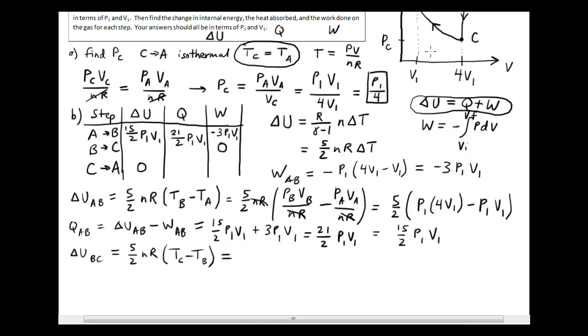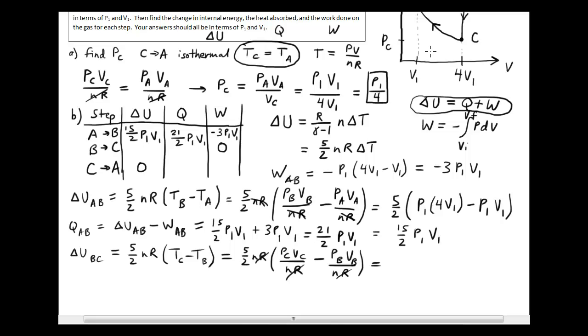Substituting for the temperatures, just like I did for delta UAB, gives 5/2 nR times PC VC over nR minus PB VB over nR. The nR's cancel once again.